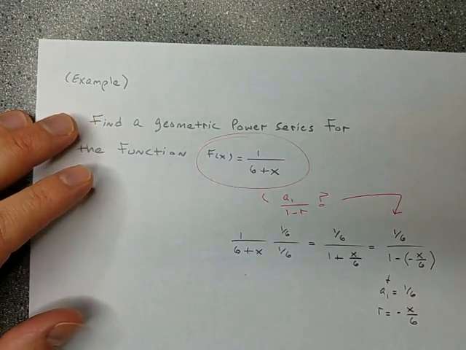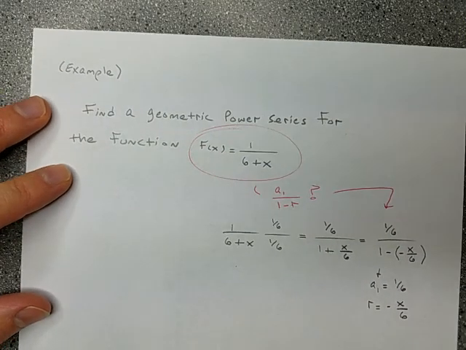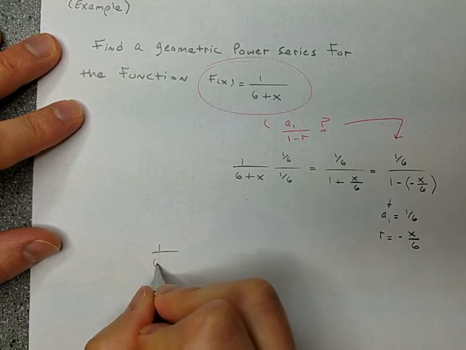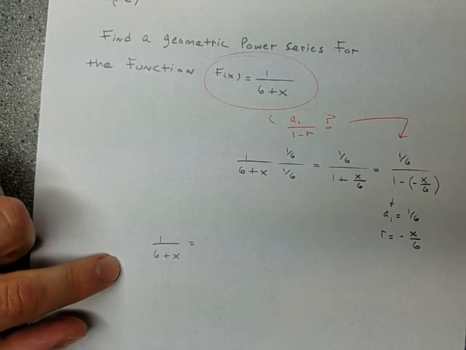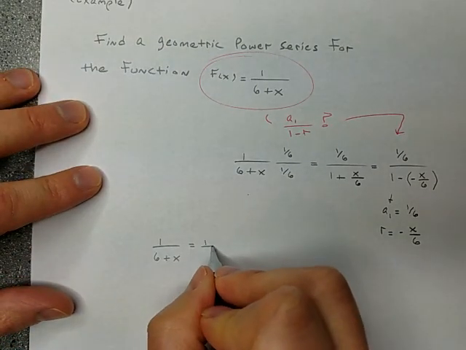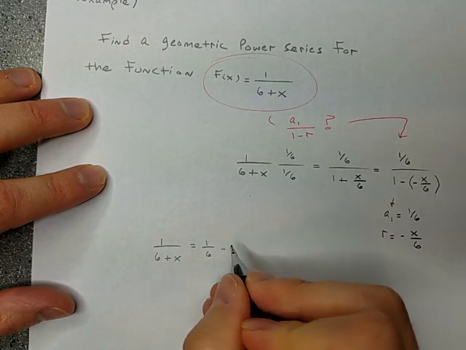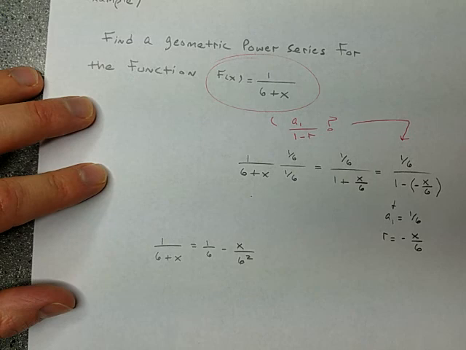Okay, so there's our statement. All right, so I could say something like this. Then I could say 1 over 6 plus x is equal to 1 over 6. That's the first term. Minus x over 6 squared, right?